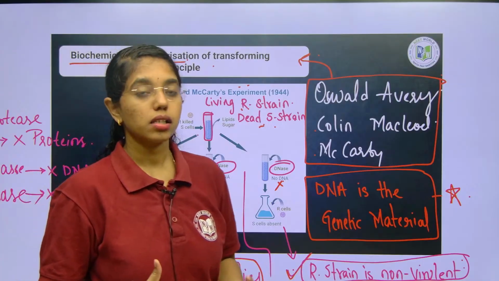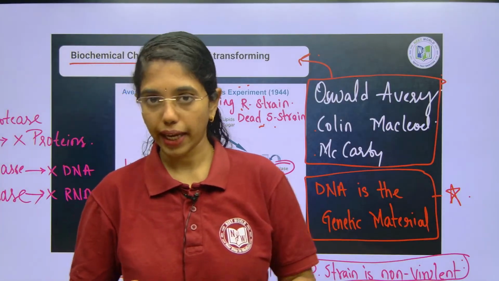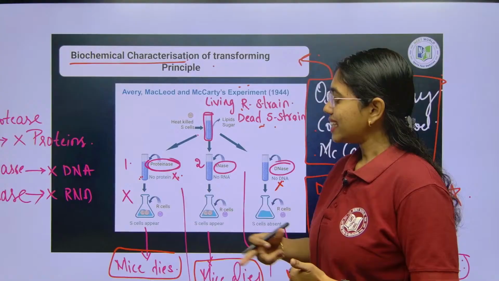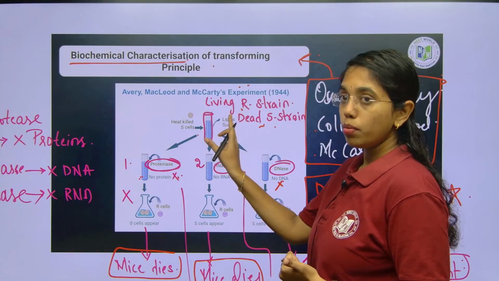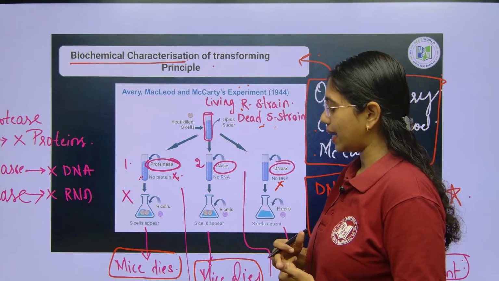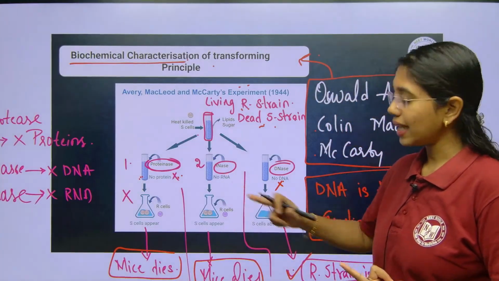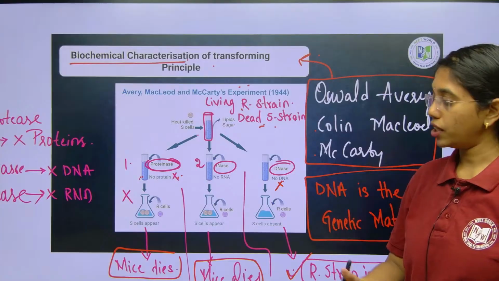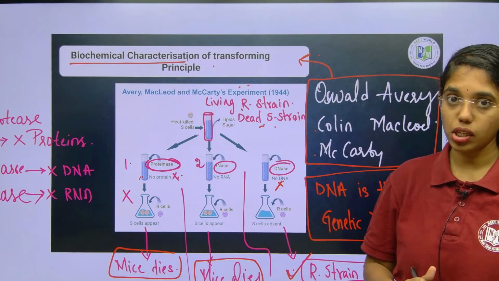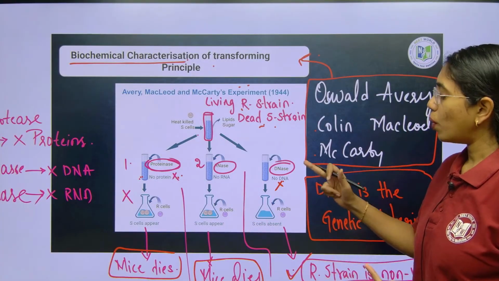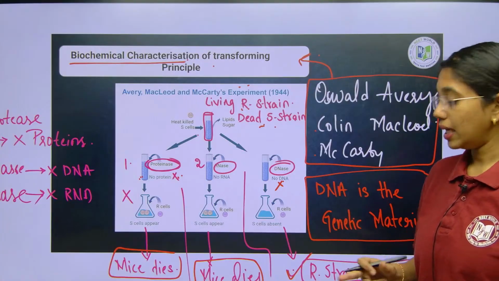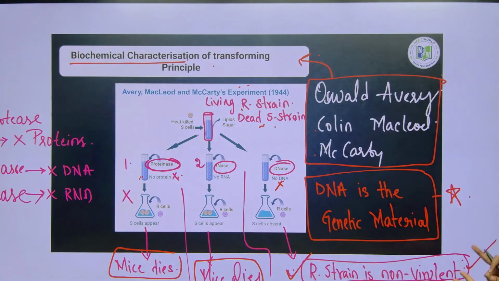We may get some statement based questions like, when protease is added to the culture medium which has living S strain and dead R strain, you can see virulent R strain. When RNase is added, again there is no change, you can see the virulent R strain itself. But in the third phase, when DNase is added, you can see the strain is non-virulent.